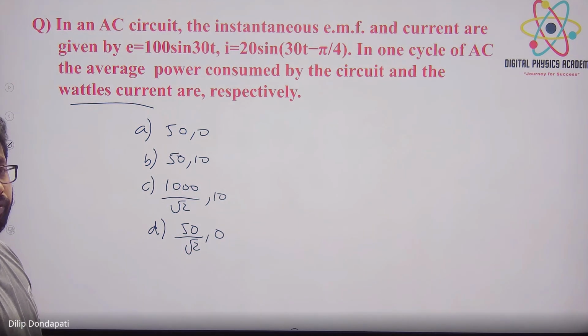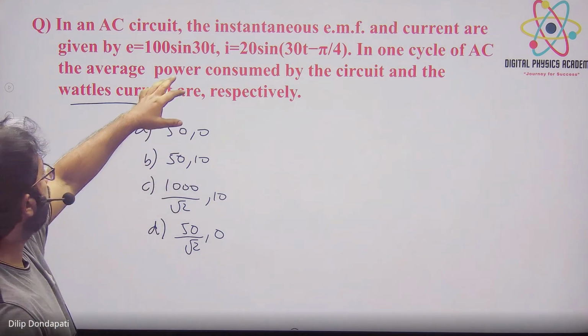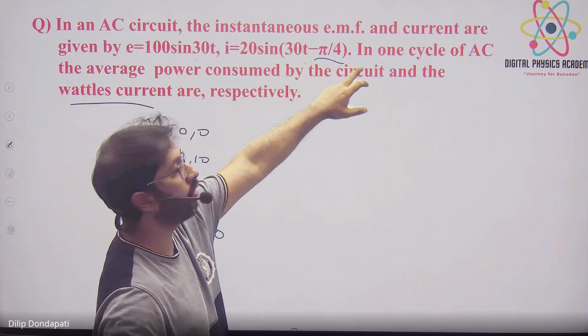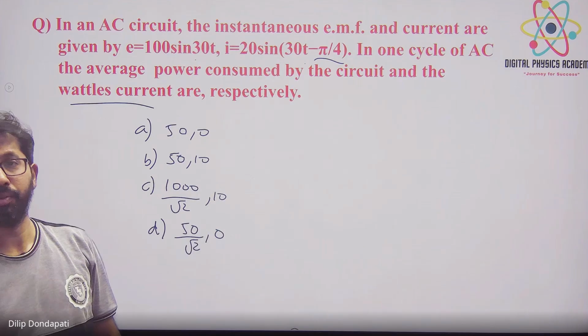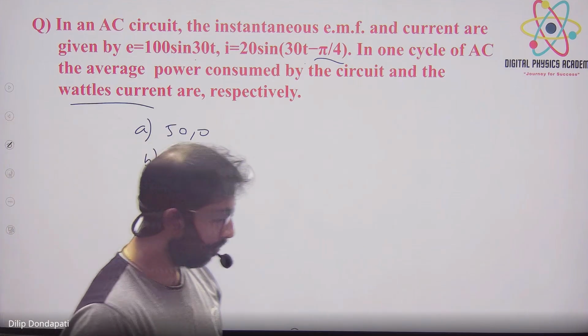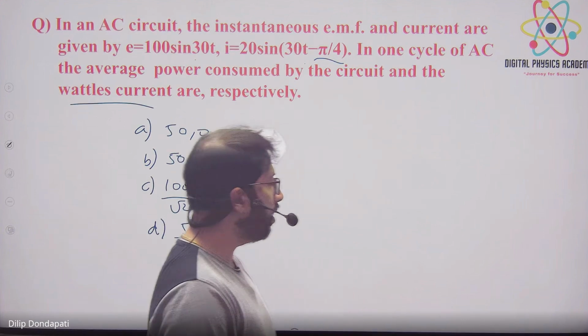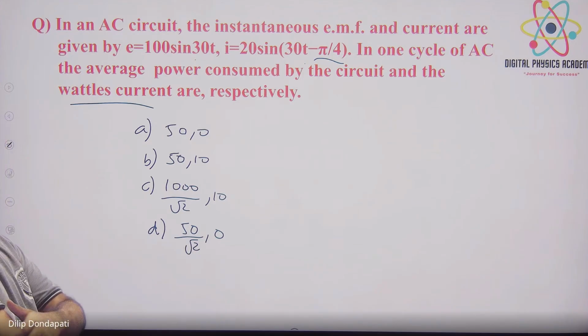What is the phase difference between voltage and current? It is pi by 4. Substitute pi by 4 in sin phi. Phi is nothing but 45. So in cos phi also, substitute 45 in place of phi.